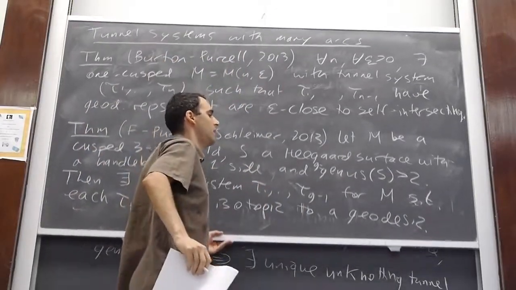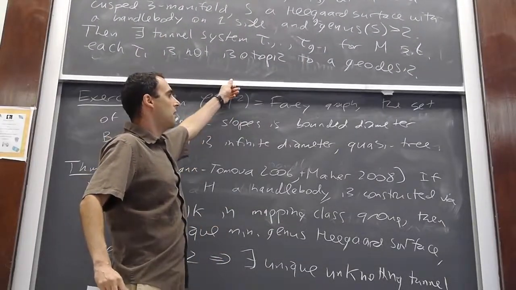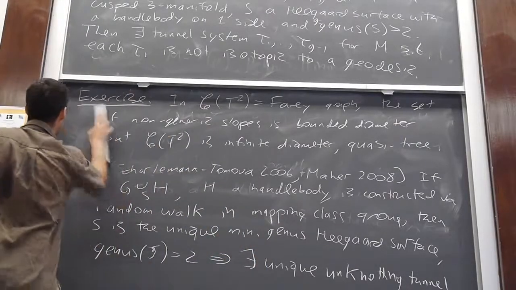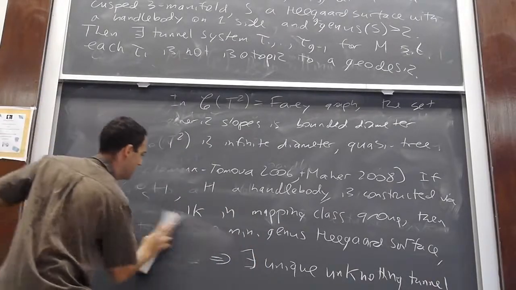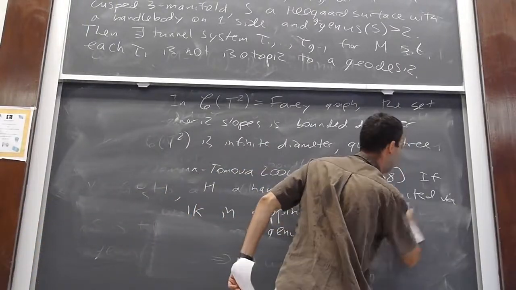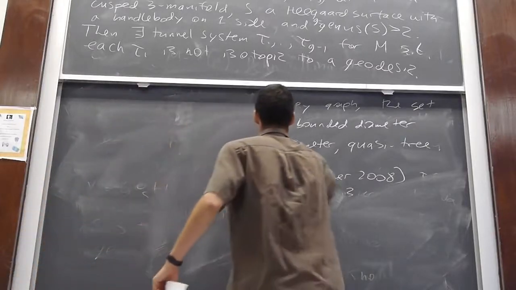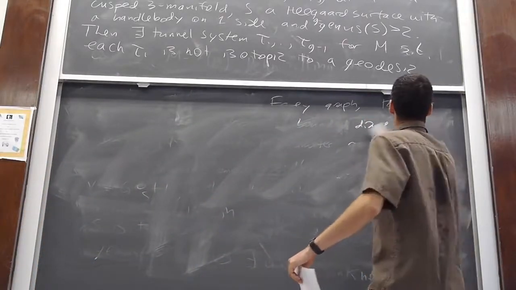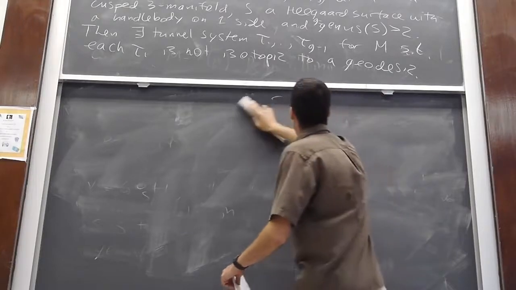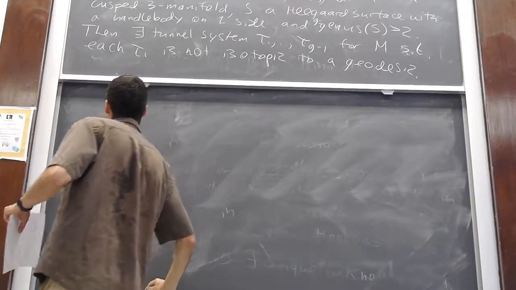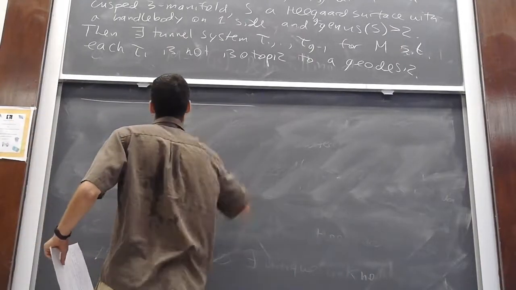to a geodesic. So let me draw the picture proof for this one. The two-word proof for that one is: do handle slides. When you have genus higher than 2, you can do handle slides, and that's enough to mess things up. So here's a cusp.